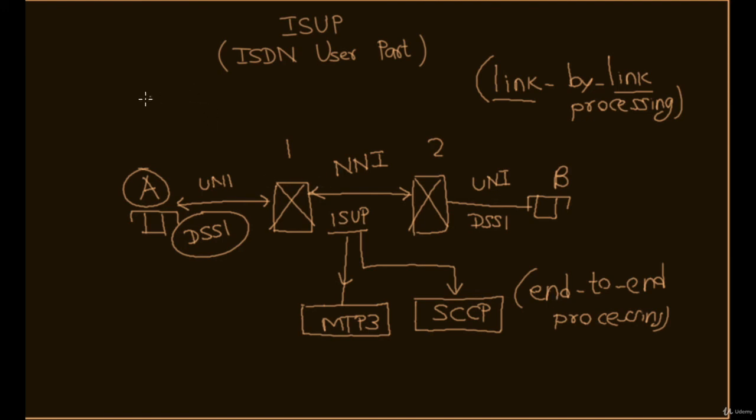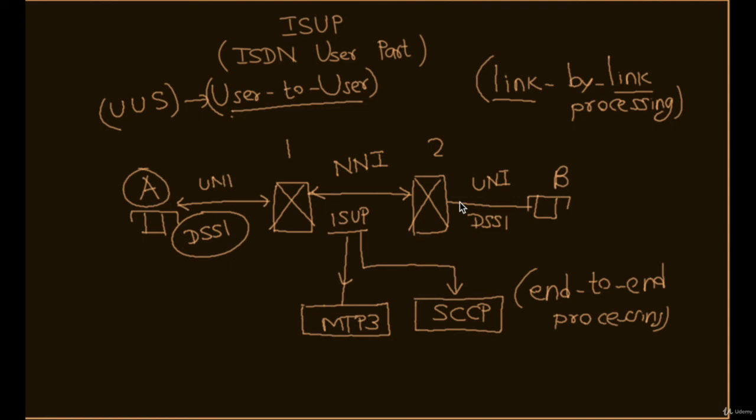These are called user-to-user signaling, UUS. This means there is some information that needs to be passed from one user to another user, so it does not require any processing in between. And for those types of messages, end-to-end processing is done.